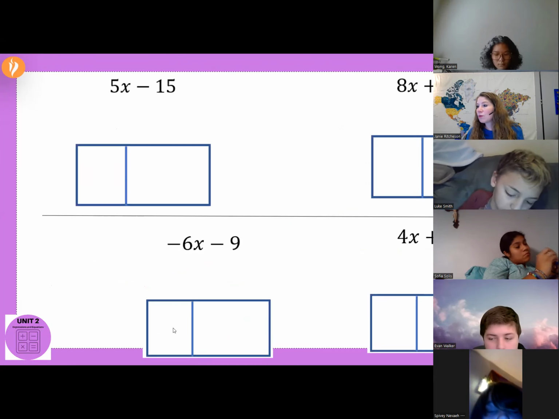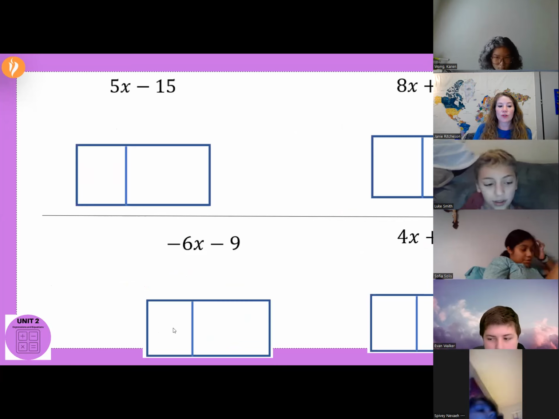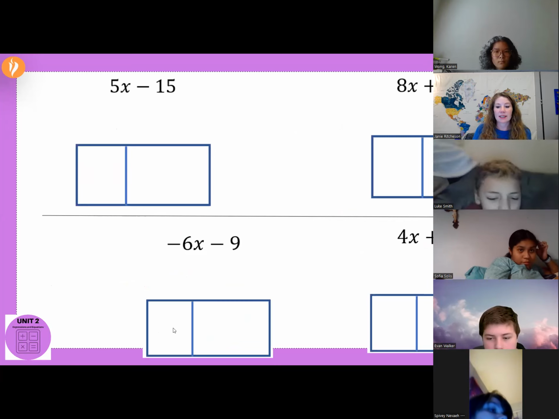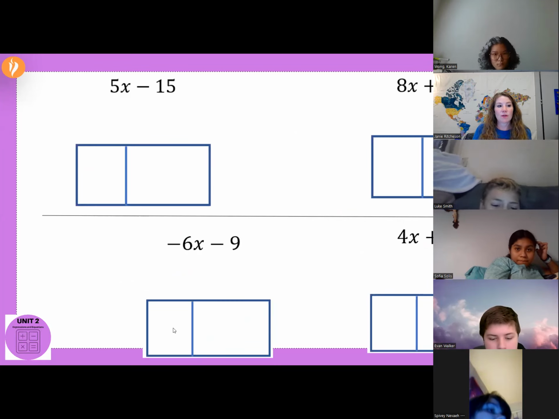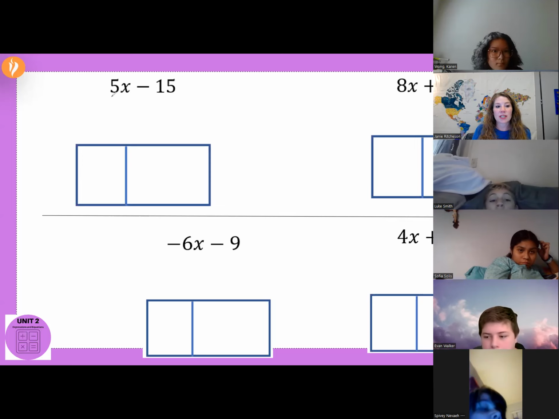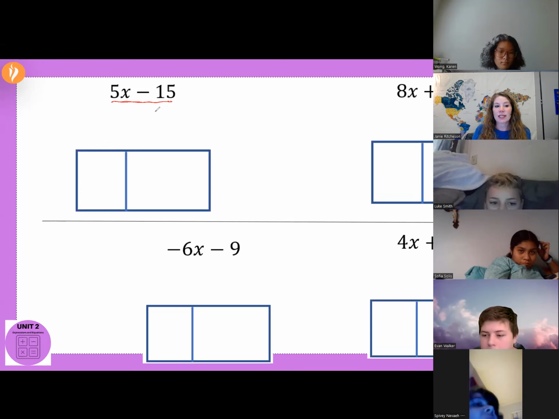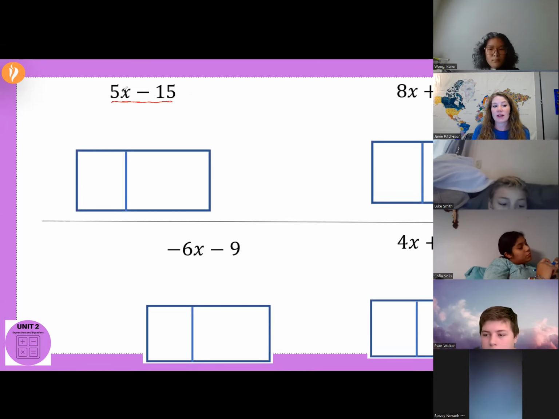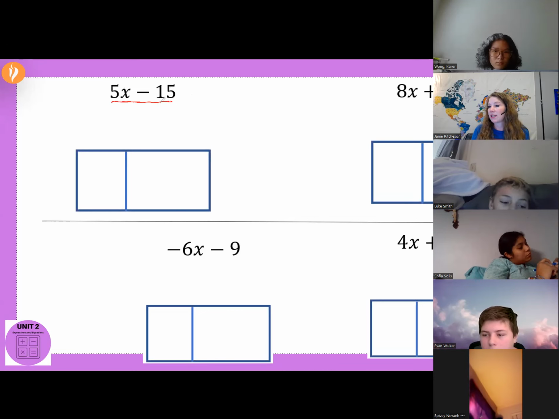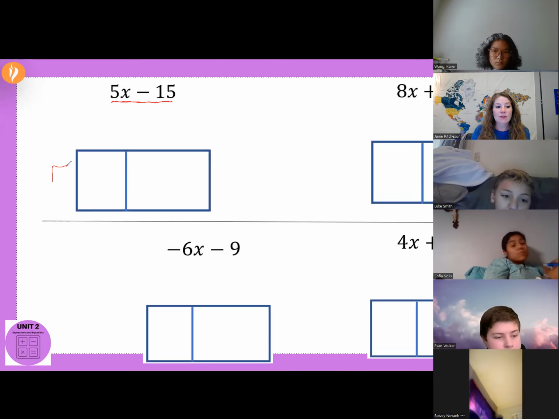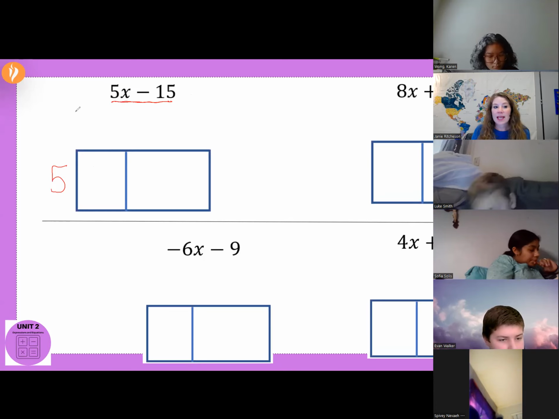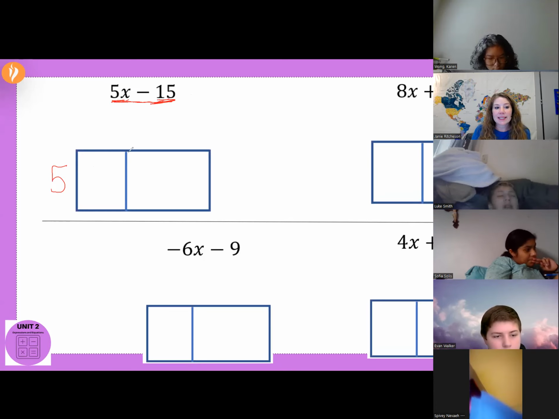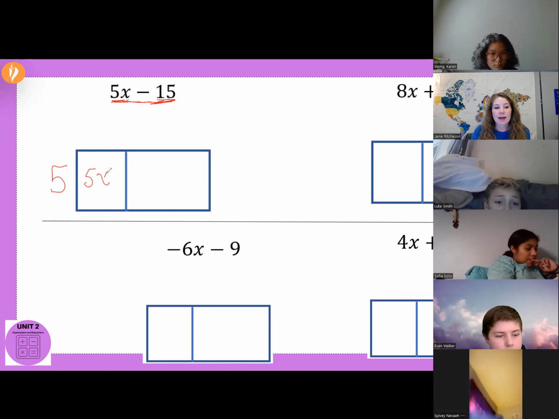On your work that you have to do, you're going to have to fill out these boxes, okay? We've already practiced these. If this is our whole expression, now we're doing the opposite. Now we're pulling out the greatest common factor. What's the greatest common factor of 5 and minus 15? 5. That's going to go to the outside. These numbers are going to go inside the boxes, 5x and minus 15.